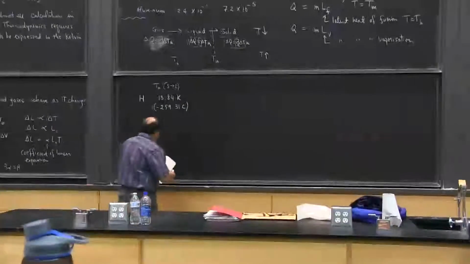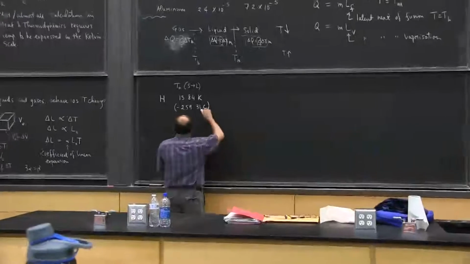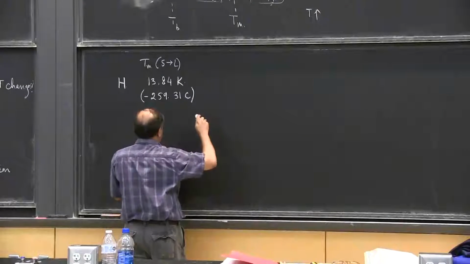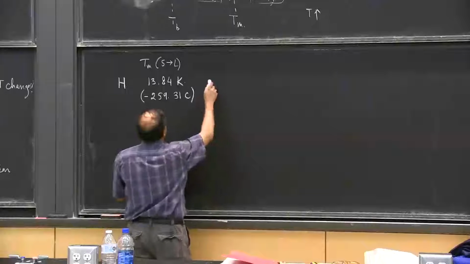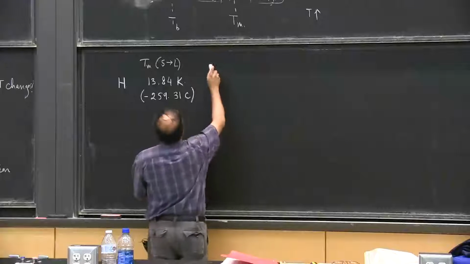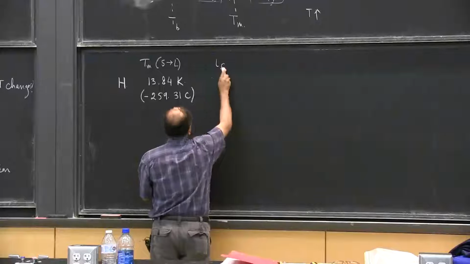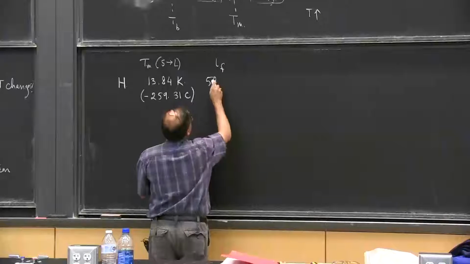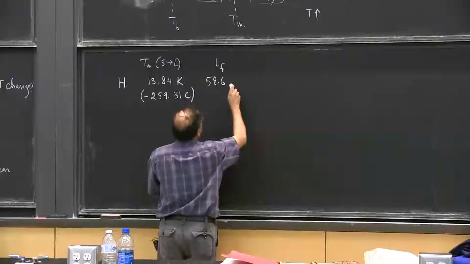All right, so the latent heat of fusion for hydrogen would be 58.6 times 10 to the 3 joules per kilogram. So these are numbers to give you an idea.